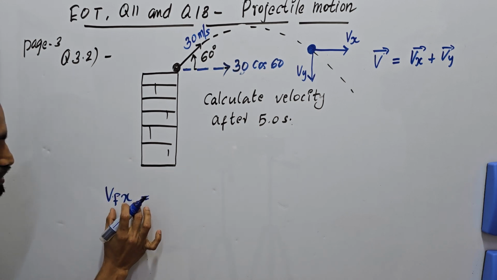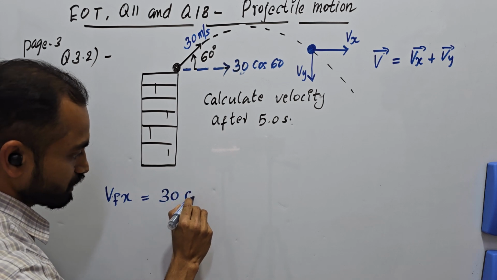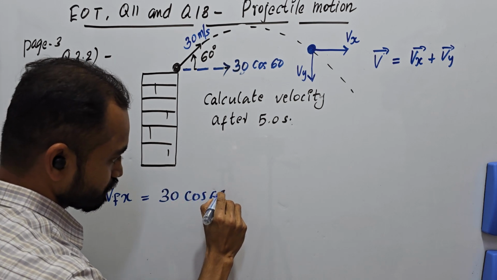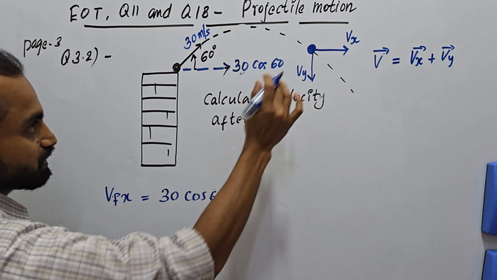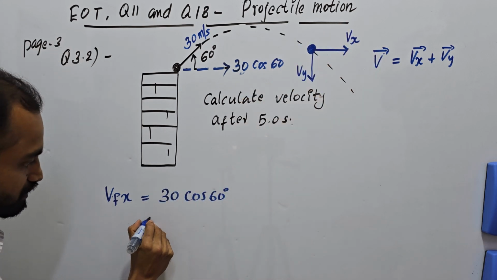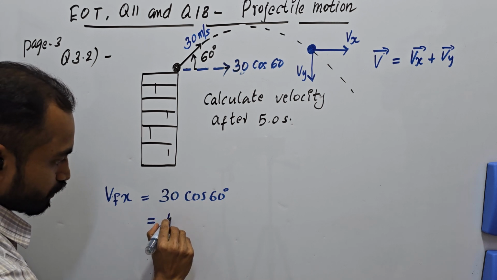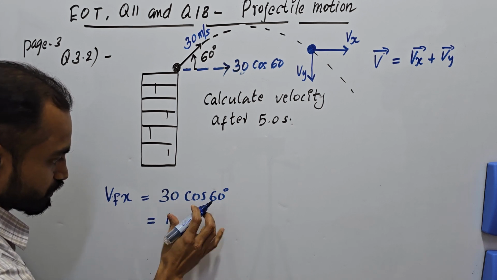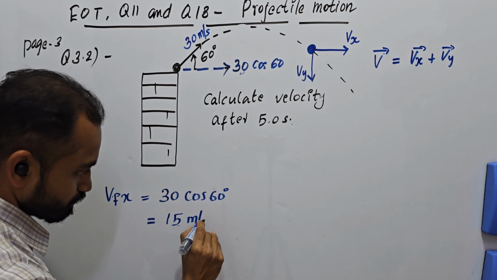So final velocity in the x direction is 30 multiplied by cos 60, which is 15 meters per second. Can you check if it is 15 meters per second?